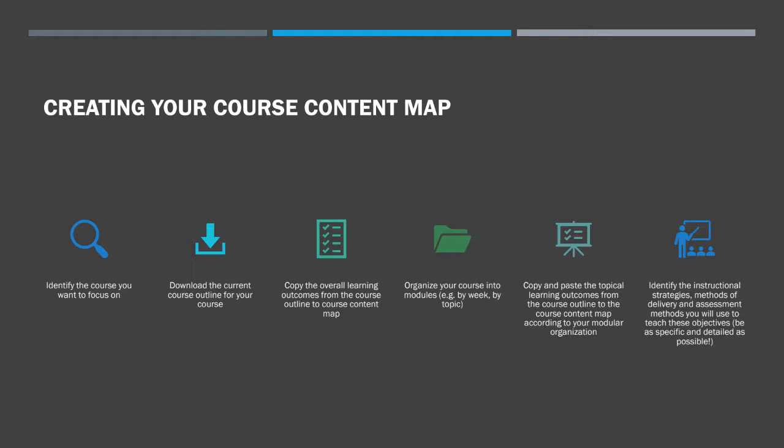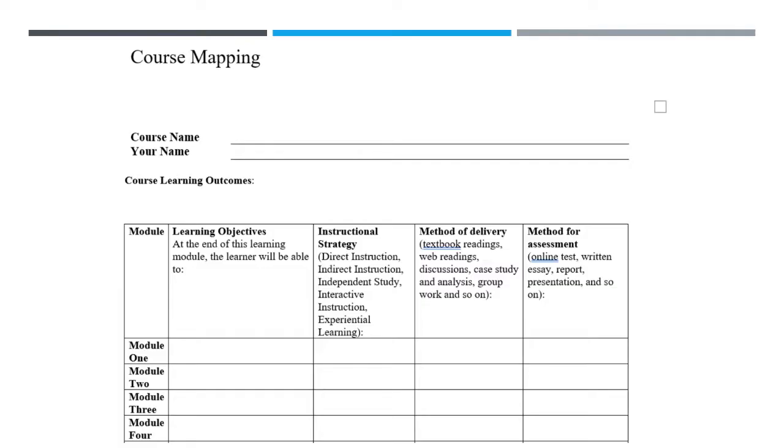So when you look, one more time, going back to that course content map, you'll notice that the left-hand column is all about modules. These modules can be organized in any way that you see fit. So if you want to go week by week, you might have 16 modules. If instead you have topics that you chunk your class by, then you would organize the modules by topic.